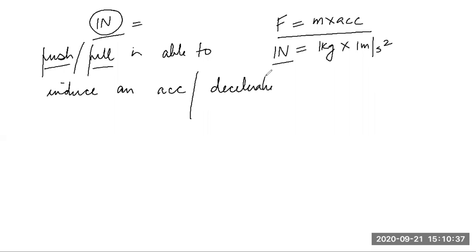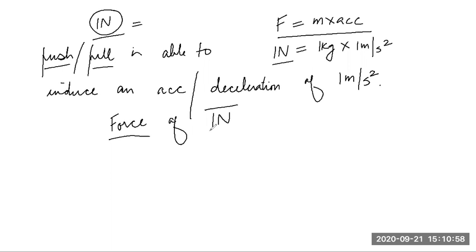It can increase the velocity, it can decrease also, of 1 meter per second square in a body. I can say the push or the pull is worth force of 1 Newton. Once again, 1 Newton force is a force which induces an acceleration of 1 meter per second square in a mass of 1 kg.